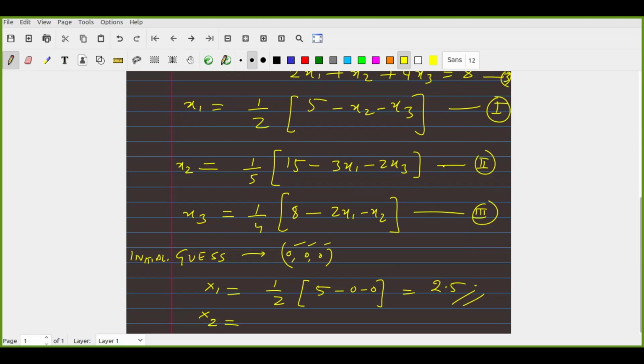But x3 we have not yet computed, so x3 still remains 0. So 1 by 5 times (15 minus 3 times 2.5 minus 2 times 0). This turns out to be simply 7.5 by 5, which is 1.5. So this is the distinction between the Gauss-Jacobi and Gauss-Seidel methods.